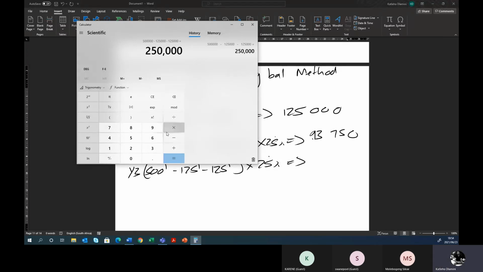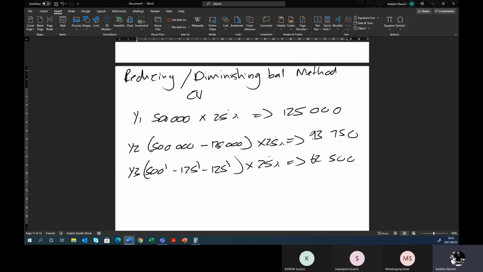I get 250 multiplied by 25, 62,500. And then finally, year 4, I have 500 minus 1, 2, sorry, 3, multiplied by 25.